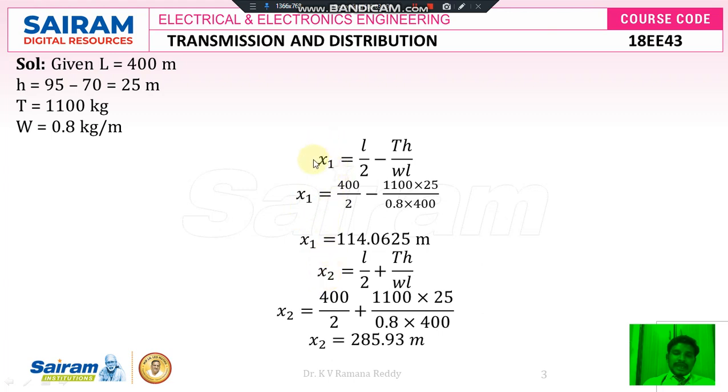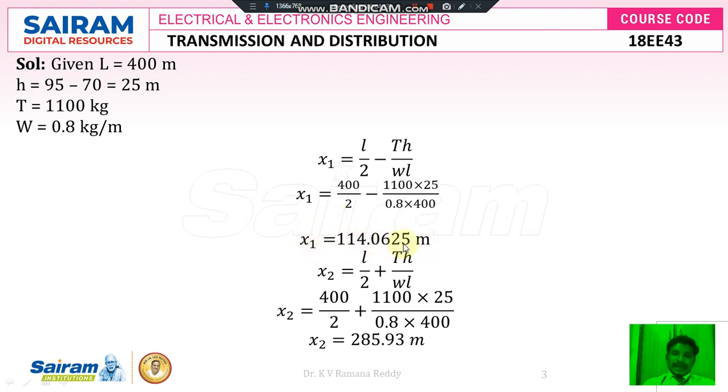Therefore sag with respect to tower A, that is X1, is equal to L by 2 minus TH divided by WL. Here L is 400. Substituting, X1 is equal to 400 divided by 2 minus tension T, 1100, into H, the difference of the two tower heights, that is 25 meters, divided by W, the weight of the conductor per meter, 0.8 kg, into L, the span length, 400. After simplification, we got the X1 value, that is 114.0625 meters.